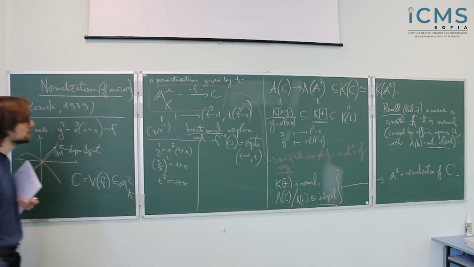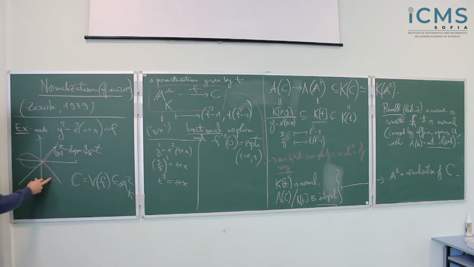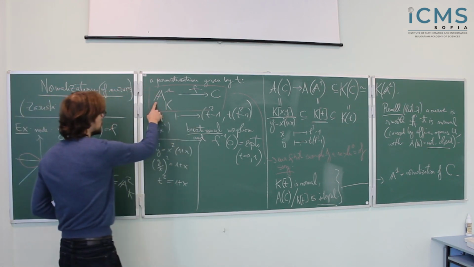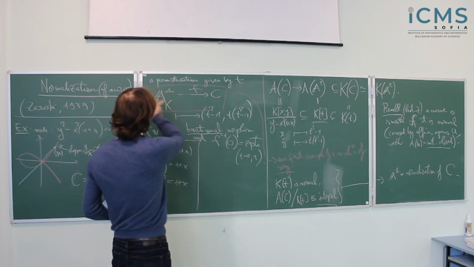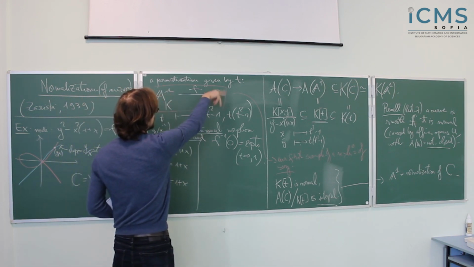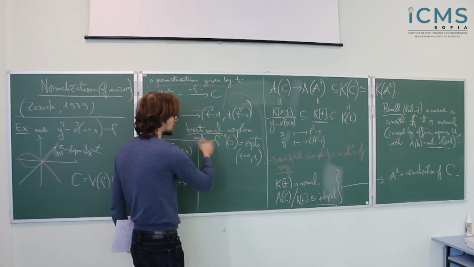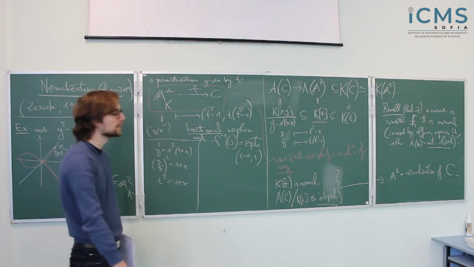The idea is to take our original singular variety and try to find another one which is smooth and that parameterizes the curve C, meaning that it is birational, so outside a finite number of points it will be an isomorphism.